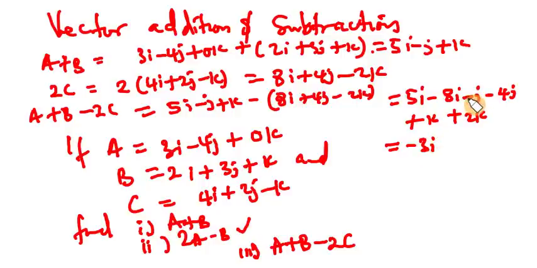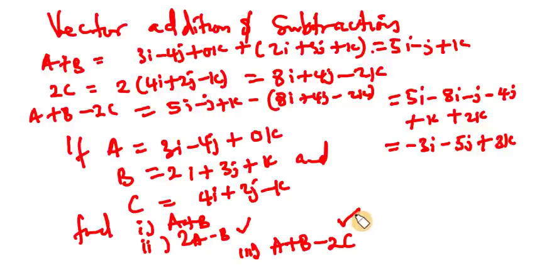Minus j minus 4j is minus 5j. Plus k plus 2k is plus 3k. So this is the answer to this. So this is the idea of vector addition and subtraction.